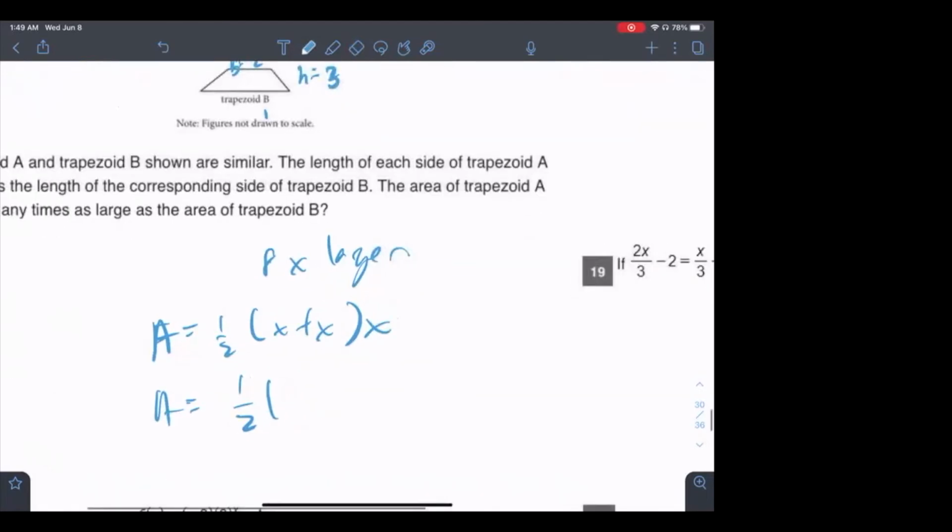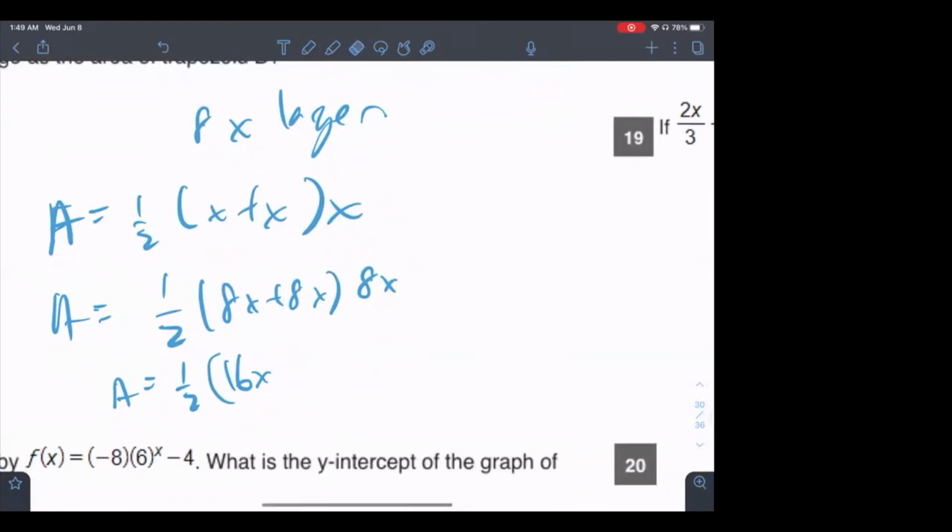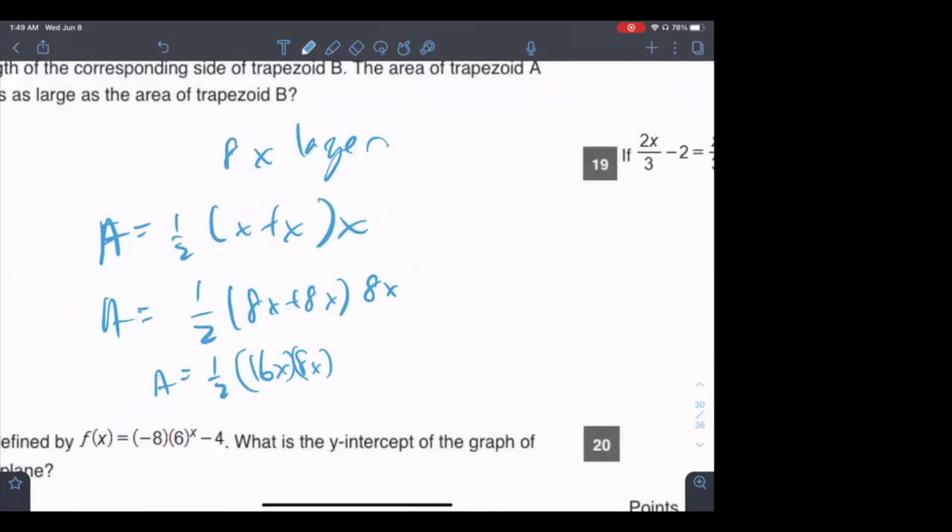And then you would have 8x, 8x, and then 8x, 16x. And then you would get 64x squared, and then you would get 2x.